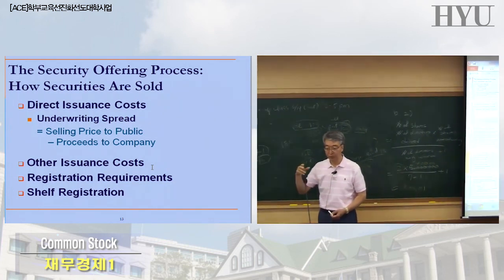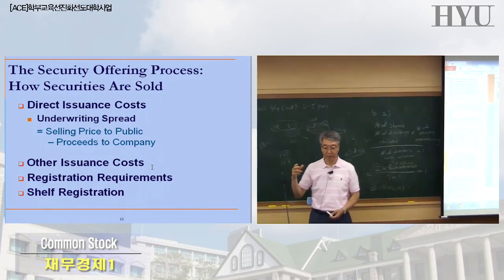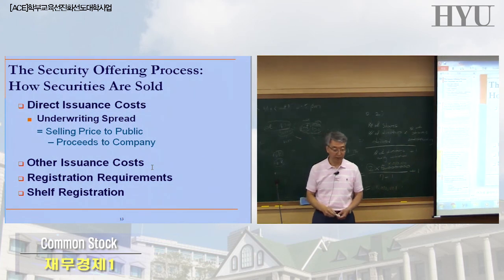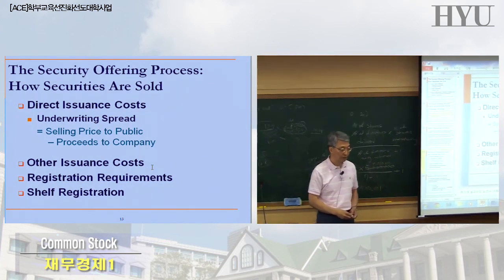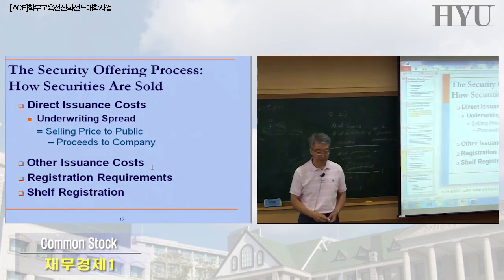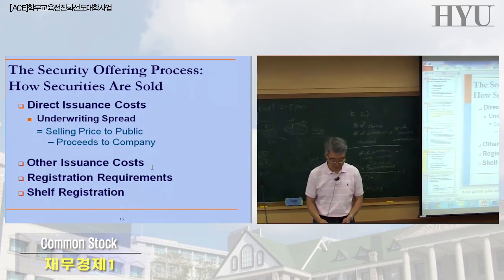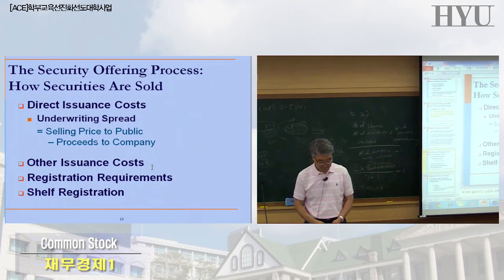And for the next 2 years, you don't have to file any more documentation. That's the idea of shelf registration. But again, it is available for only the larger company with a good credit standing.